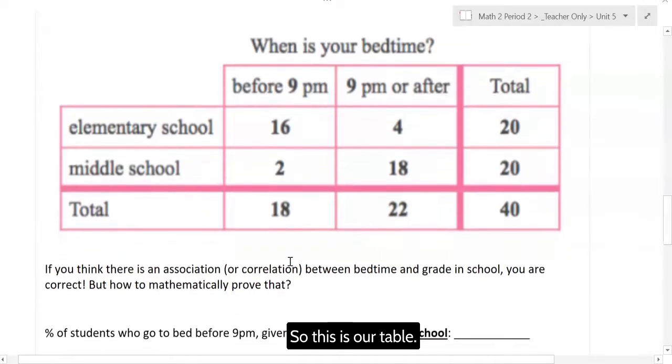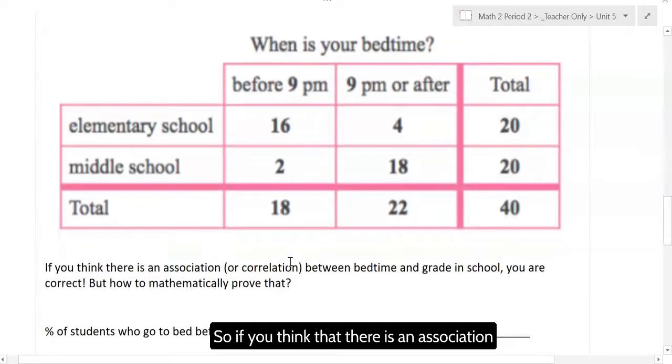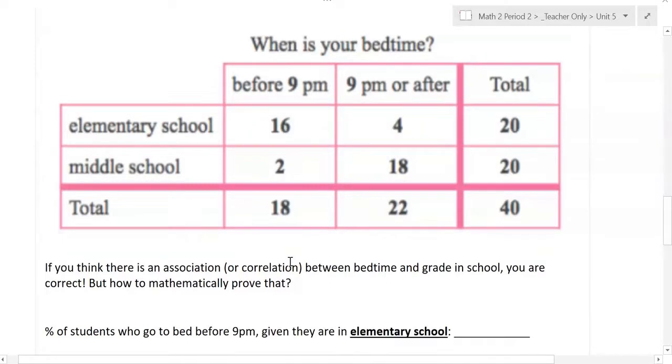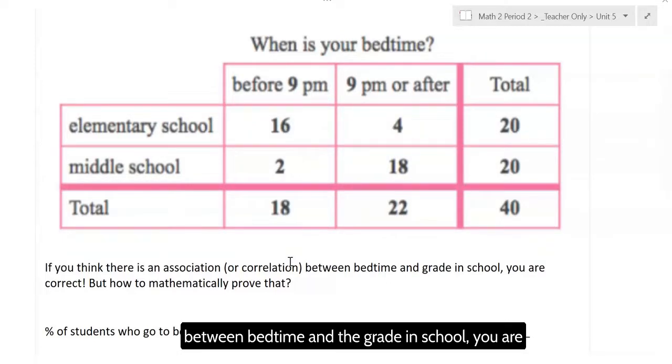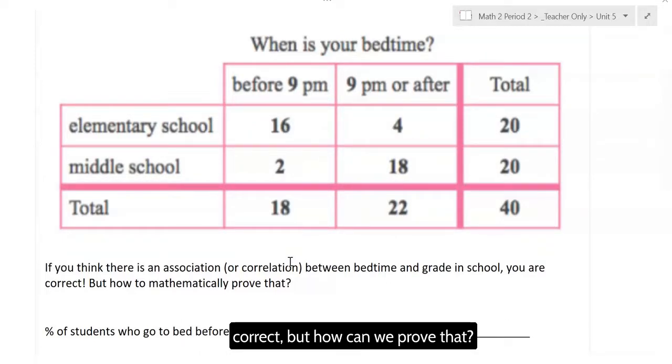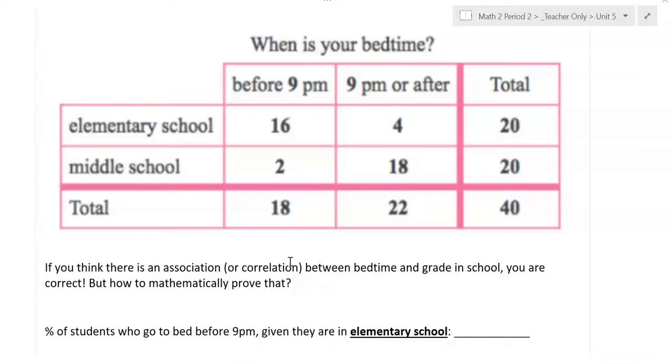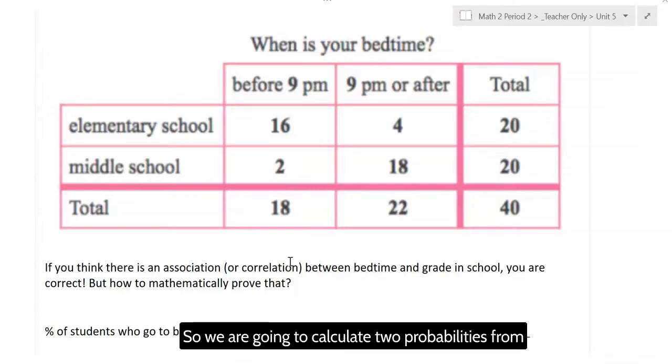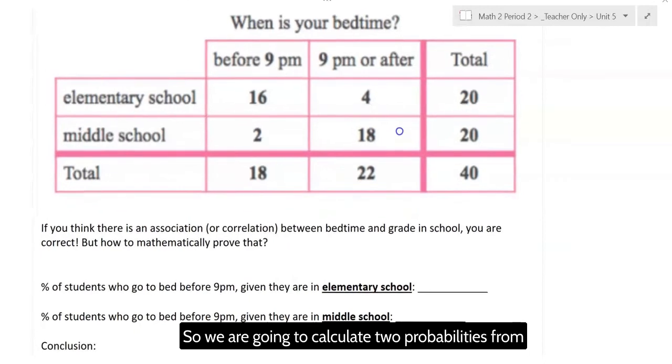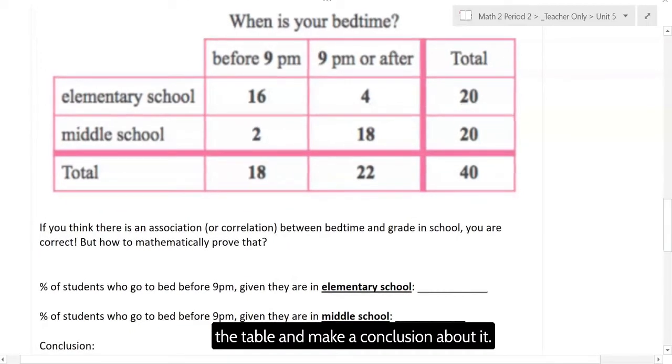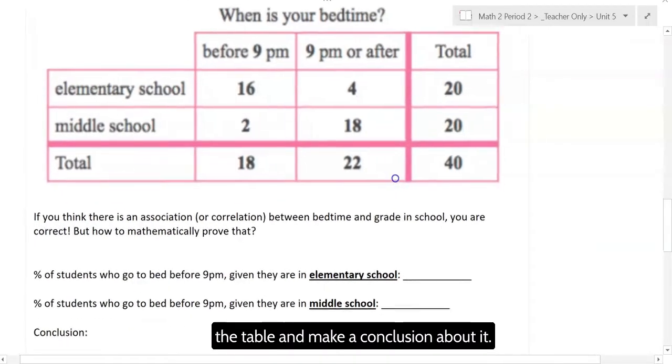So this is our table. If you think that there is an association between the bedtime and the grade in school, you are correct. But how can we prove that? We're going to calculate two probabilities from the table and make a conclusion about it.